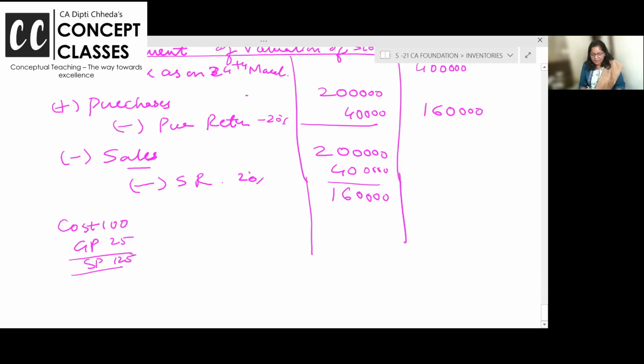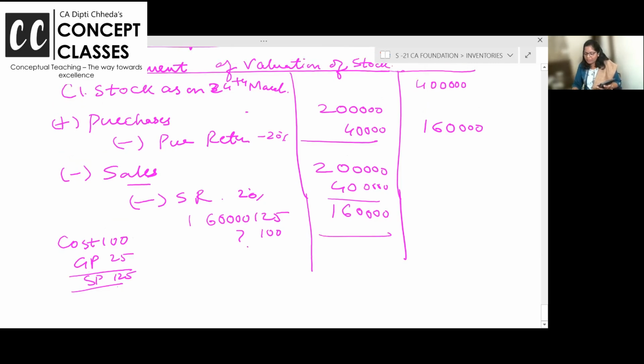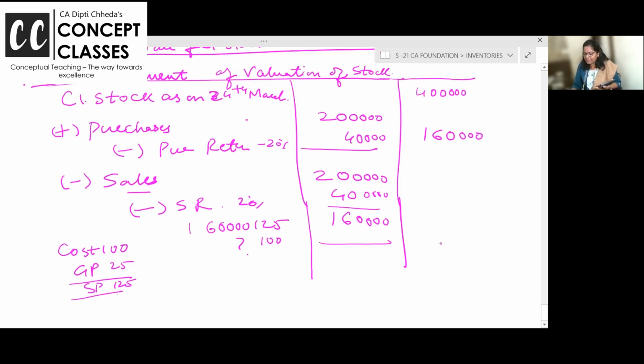Cost is 100, GP is 25, selling price is 125. So if 160 selling price is 125, 100 cost is how much? Cross multiply. Simple problem it is, but very scoring in the exam. And this is a base for consignment also. 25 profit you can minus, or you can take directly the cost as 128.